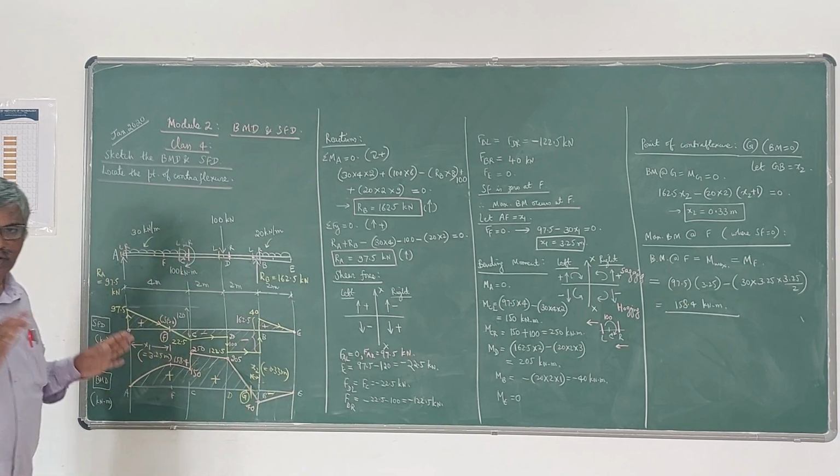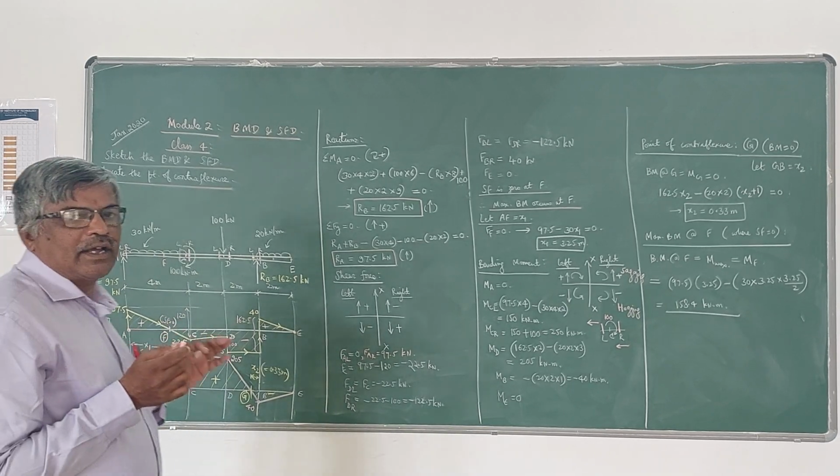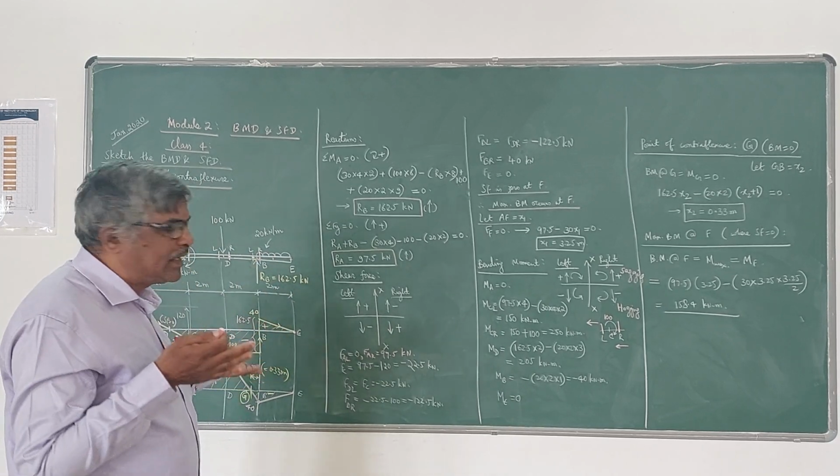Now how to join these points, that is very important. Profiles you should know. If UDL is acting, the bending moment diagram is a parabola, and at all the other regions it is a straight line.